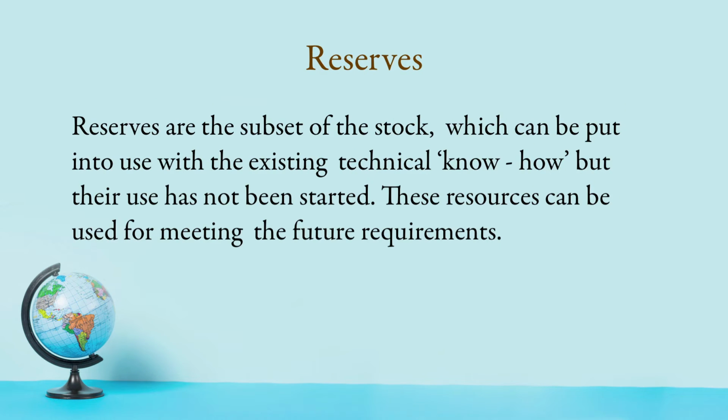Reserves are a subset of stock resources with the existing technical knowledge. They can be accessed, but their use has not been started. Reserves can be used for meeting the future requirements. Can you make a list of resources that you can identify them as developed, potential, stock, and reserves?